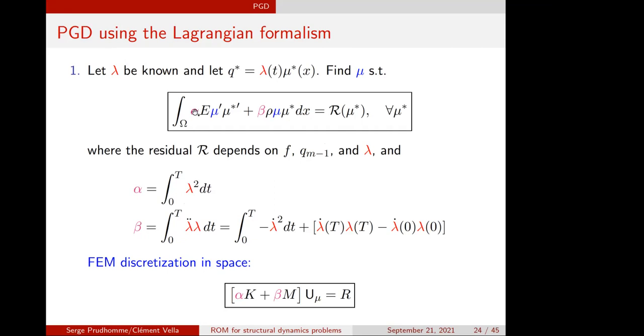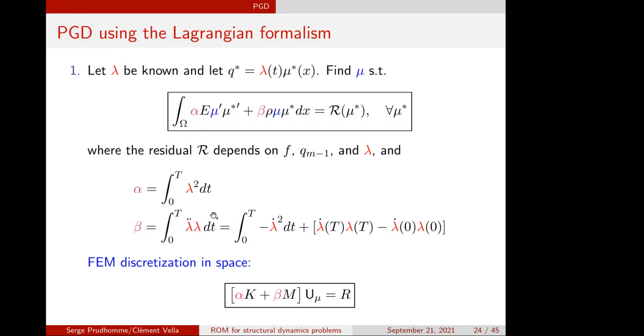We have here alpha, which is simply the integral over time of lambda squared that we already know, and same for beta. This is our second parameter.